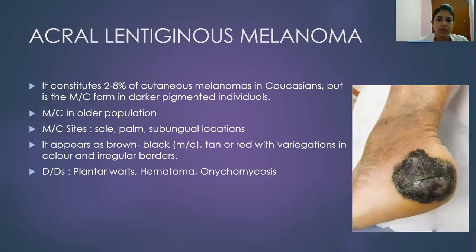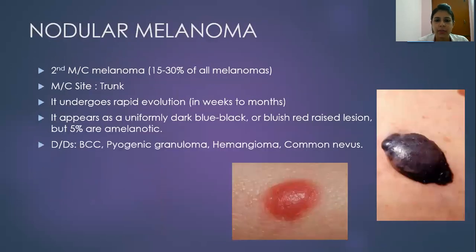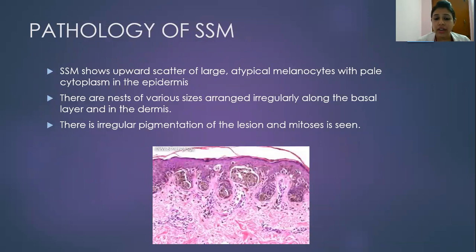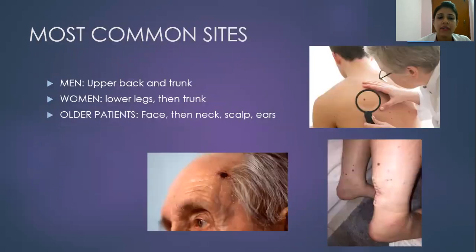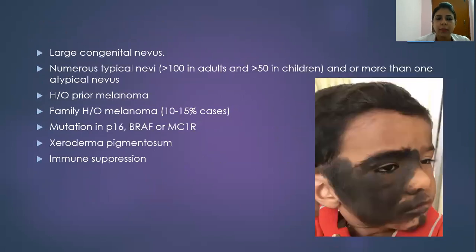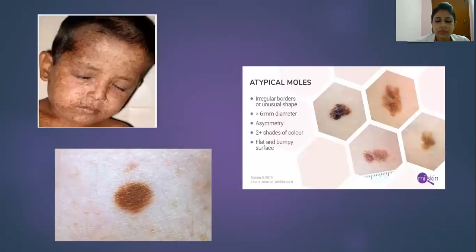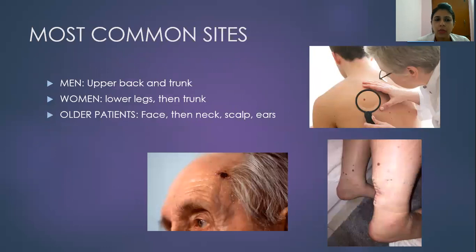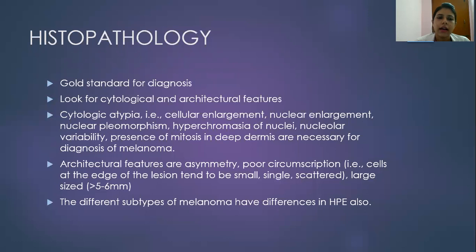It is a malignant tumor that arises in melanocytes, which are present in the basal cell layer, or stratum basale, of the epidermis. Before the subtypes, these are some risk factors: UV radiation, previous melanoma, large nevi, family history of melanoma, xeroderma pigmentosum. Most common sites may differ depending upon the gender of the patient. And histopathology is the gold standard for diagnosis, where we look for cytological and architectural features.